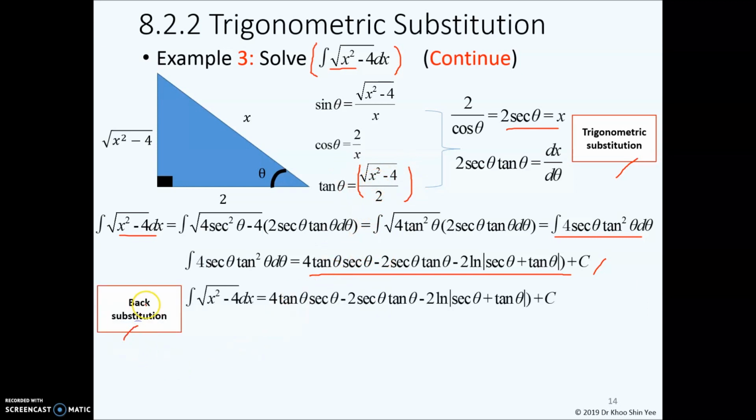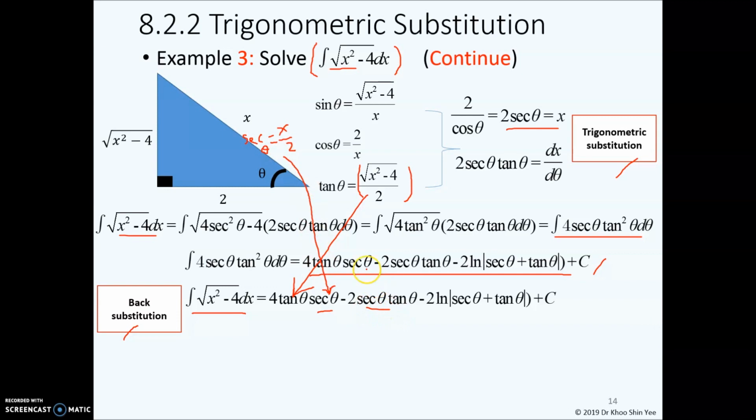So here we perform the back substitution. This answer, we want to simplify it for the tangent. You should substitute this tangent inside here. For the secant, it should be 1 over cos. So 1 over cos is x over 2. So this is your secant. So substitute inside here.